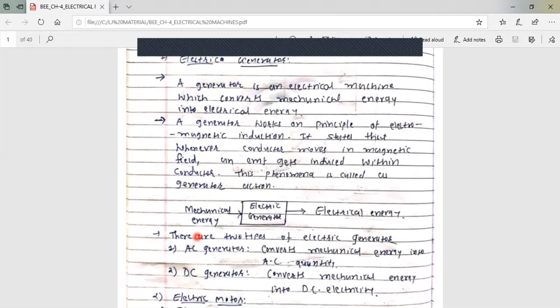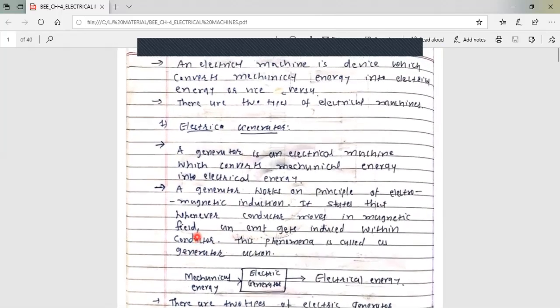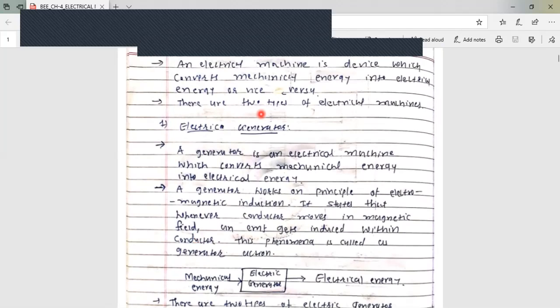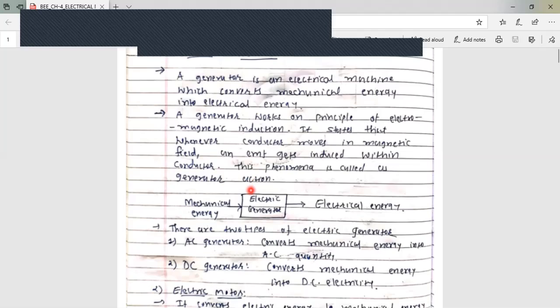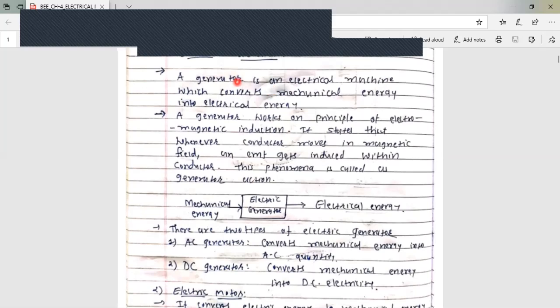Basically, electrical machines are divided into two types: electric generators and electric motors. Today we have discussed the three-phase induction motor. It converts electric energy into mechanical energy, but the opposite behavior is that of a generator.